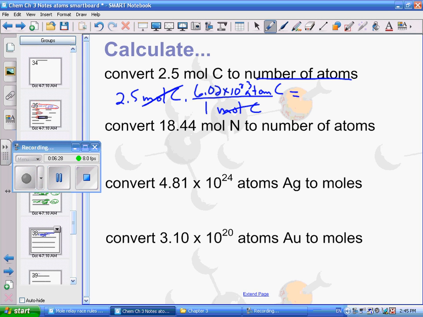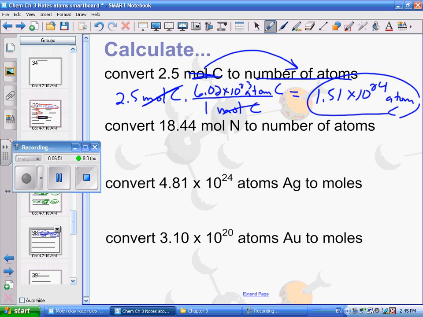I take on my calculator 2.5 times 6.02, hit the EE button, go to 23, hit equals, and you have 1.51 times 10 to the 24th. So that's converting from moles to number of atoms.